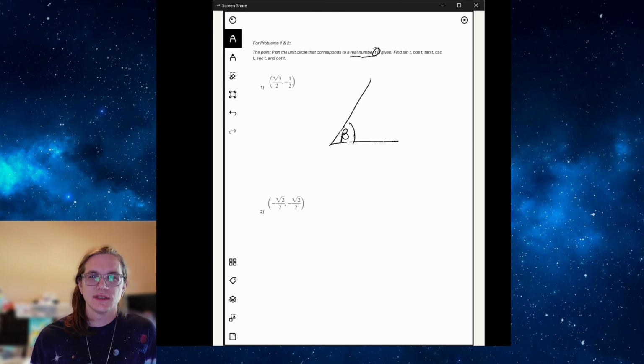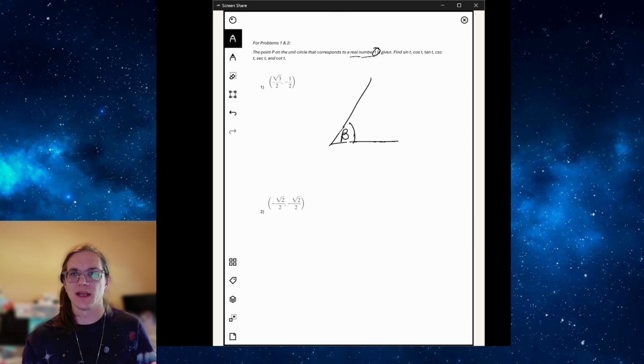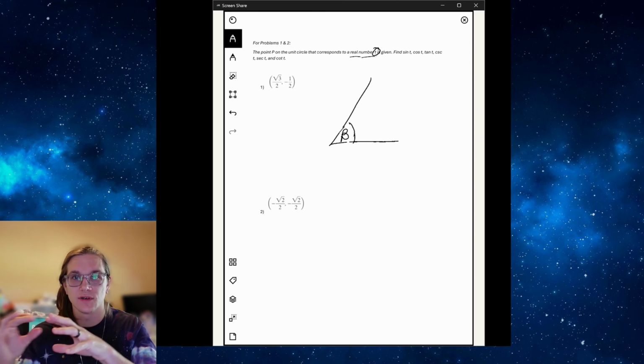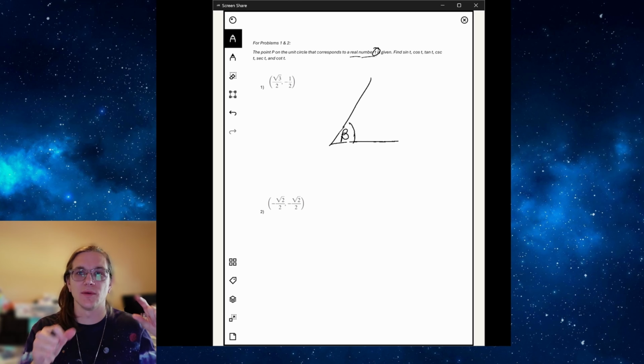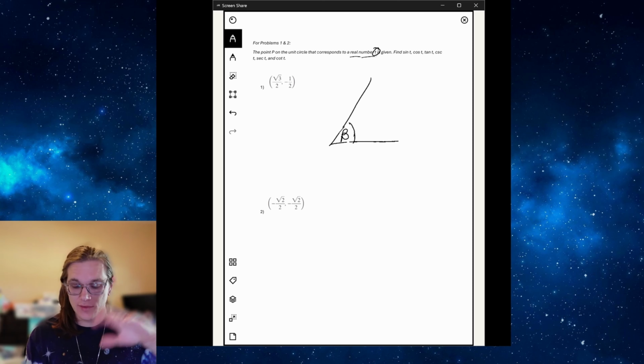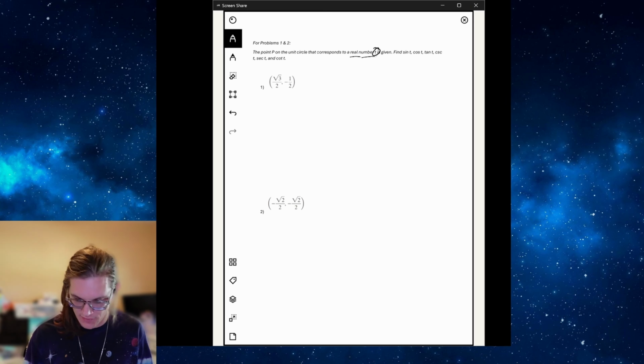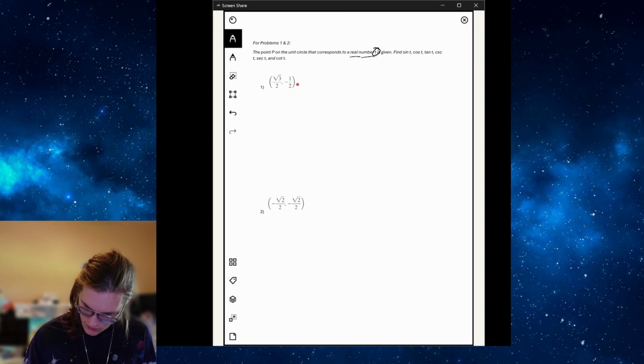There are conventions that for certain applications, like if you have a certain physics problem or a certain engineering problem, you'll see the angle represented as that specific variable, but it can be any of those. Fine, sine. So some real number t, so this is p, I'm guessing they gave me p.